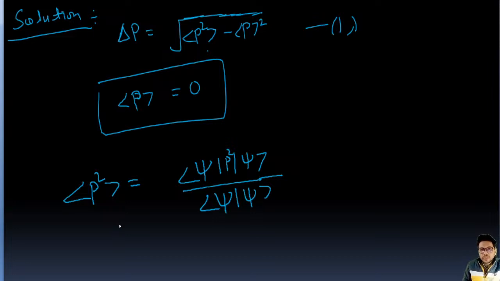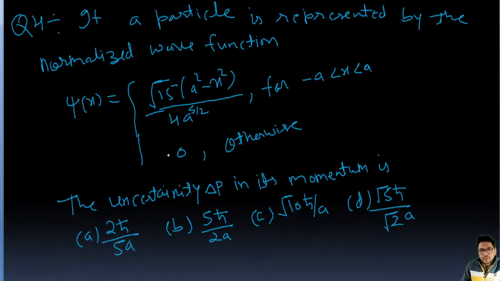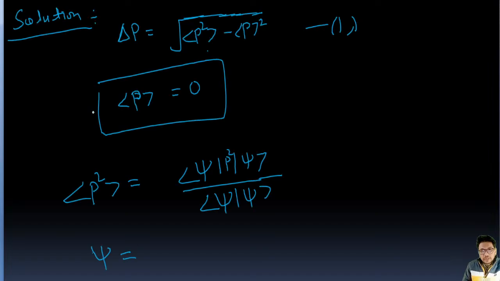So psi is given: psi(x) equal to root 15 times (a square minus x square) upon 4a to the power 5 by 2. We'll find the expectation value directly.